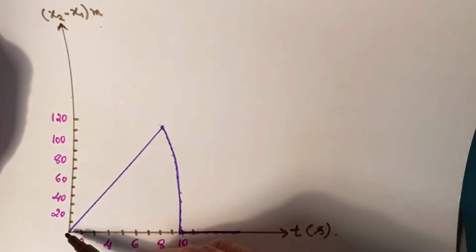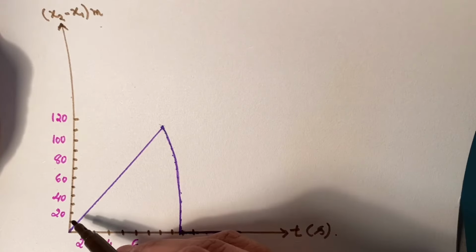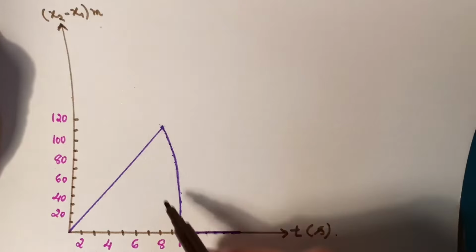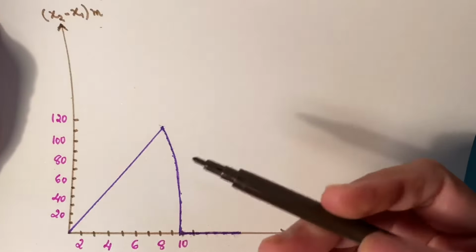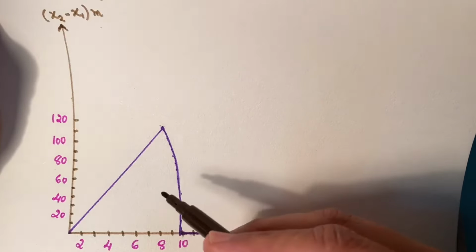You can see from the graph that up to 8 seconds there's a straight line, and then there is a change in the graph, right? So we have to verify whether the given graph is right, and we have to write down the equations for both the parts of the graph.